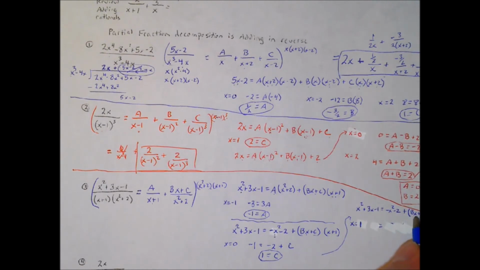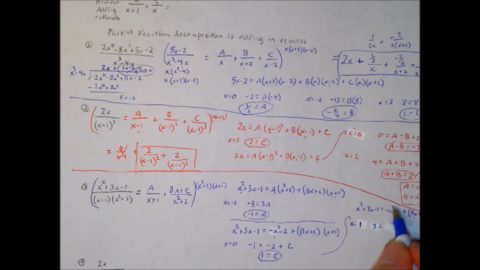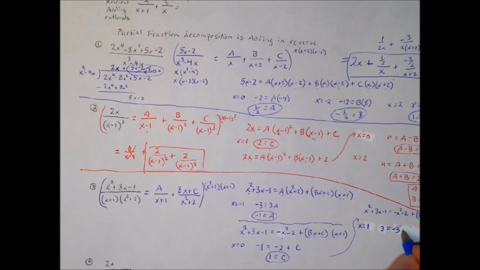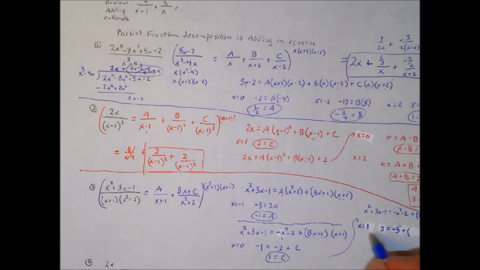So when I plug that in, 1 squared is 1, minus 1b 0, so it'll be 3. And negative 1 squared is negative 1 minus 3 is negative 3. Plus b, x is a 1, so 1b plus 1. And 1 plus 1 is 2.